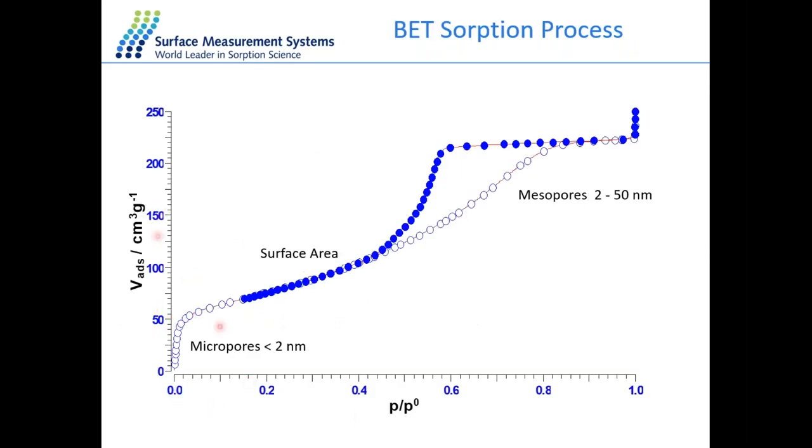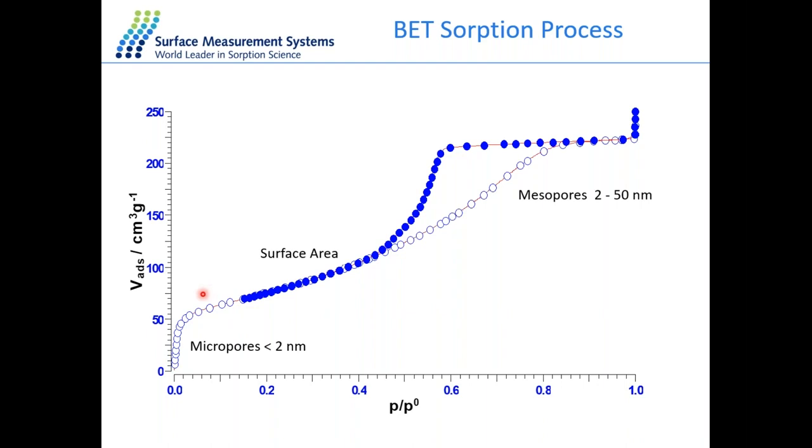So here's just a general isotherm showing a continuum of different regimes. If we're talking about porous materials, or it could be non-porous, but in general, different regions of the isotherm can give us different information about the geometry or structure of the material of interest.